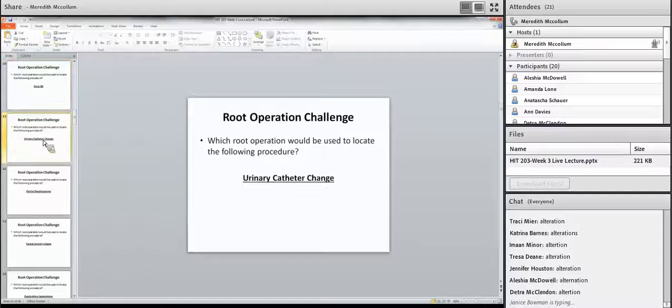Okay, urinary catheter change. Yeah, that one's an easy one too. It's change, you're right. Okay, partial nephrectomy. I'm just waiting. Excision, excellent.